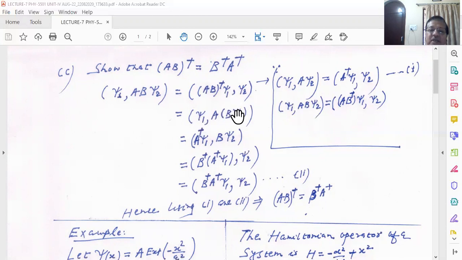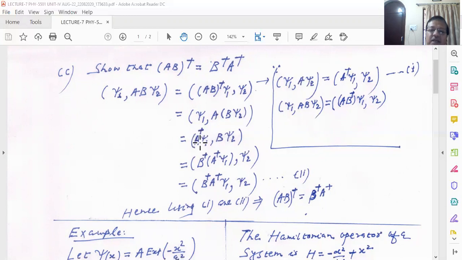And now once again A is a Hermitian operator. If A is a Hermitian operator, I can write A dagger psi1, B psi2 using this law: psi1, A psi2 is A dagger psi1, psi2 if A is Hermitian and self-adjoint.